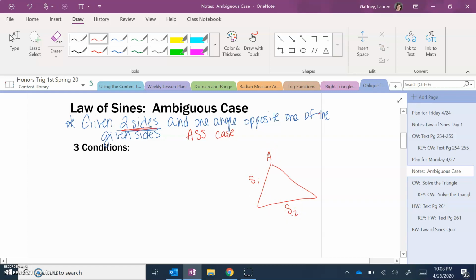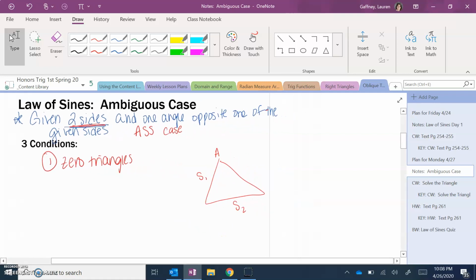There are three conditions of what could happen in a scenario like this. You could get a result where 0 triangles could be formed. The reason that could happen, you want to think back to geometry. If you had two side lengths, you would take their sum and their difference, and the third side length had to be between those lengths.